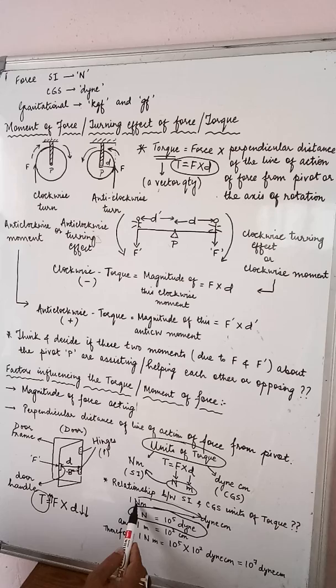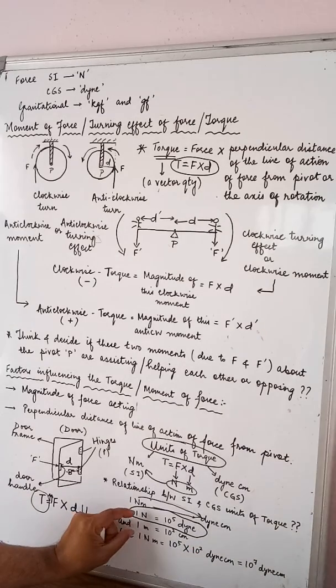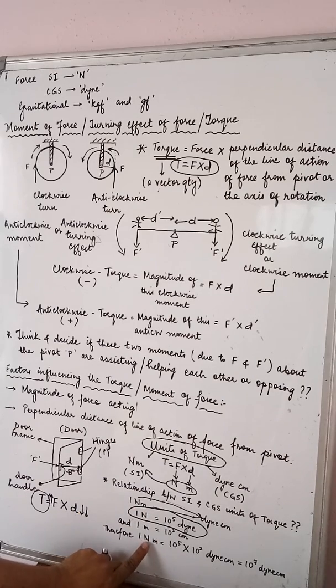So the Newton part I have converted to dyne, and the meter part I have converted to centimeter. Now when I combine these two together, 1 Newton meter will be equal to 10 to the power 5 multiplied by 10 to the power 2 dyne centimeter. 10 to the power 5 into 10 to the power 2 makes it 10 to the power 7 dyne centimeters. So effectively I can write down 1 Newton meter is equal to 10 to the power 7 dyne centimeter.